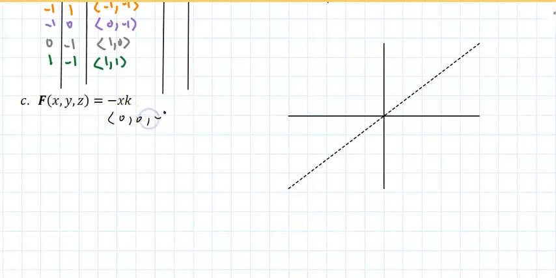This is really 0, 0, negative x. So if x equals 0, I am on 0, not a problem. Doesn't matter what x and y are. If I move to x equal 1, then at the point 1, 0, this is pointing 1 down. Same here.